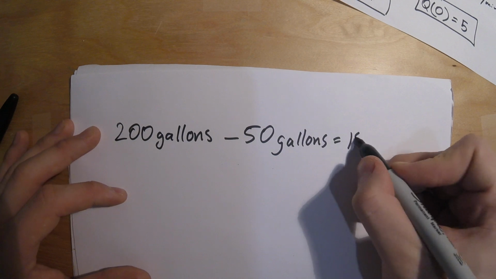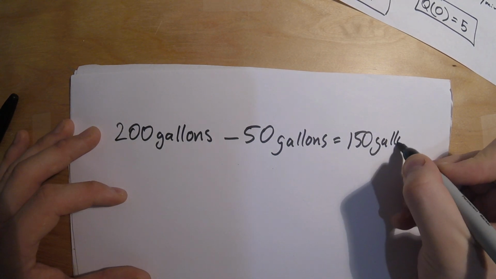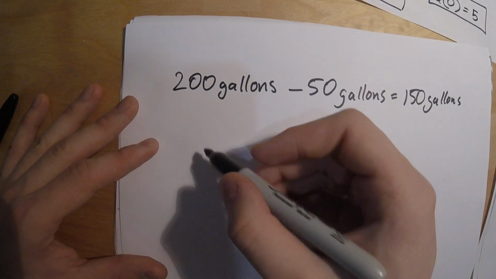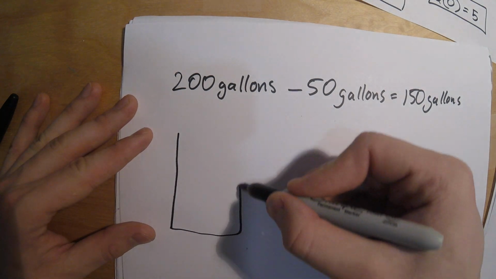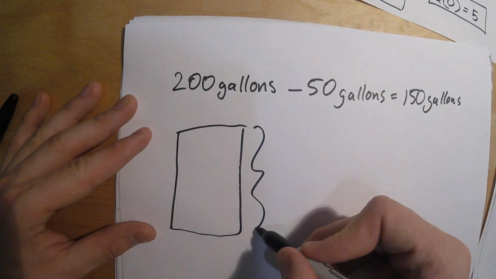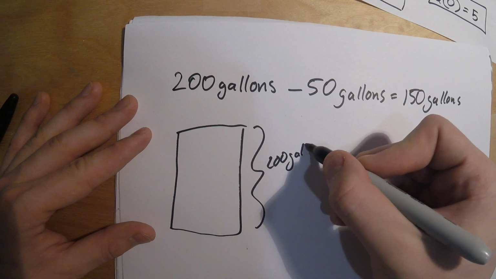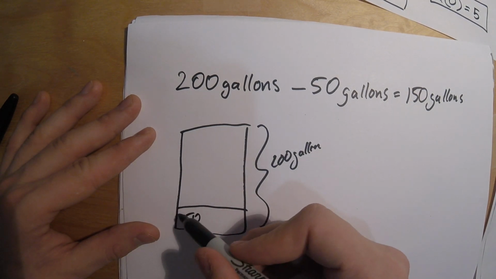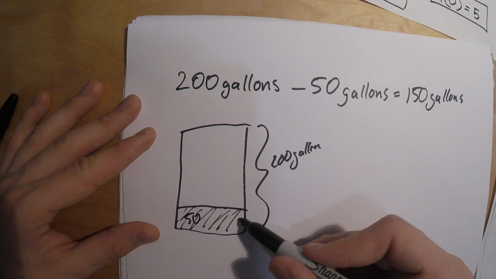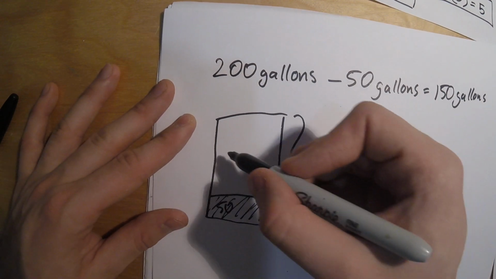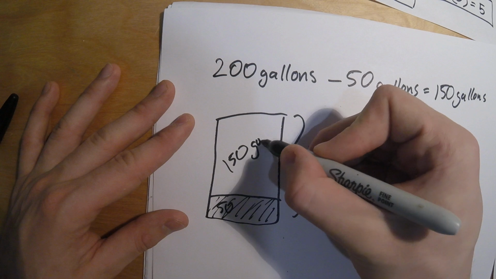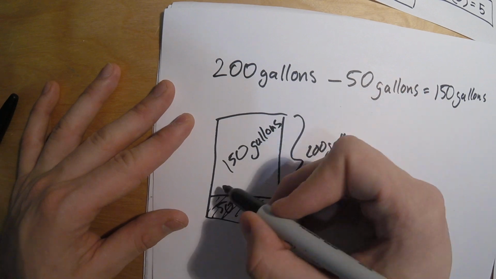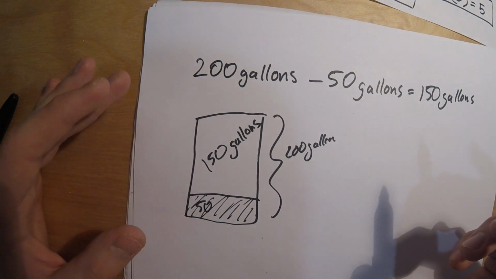And this equals 150 gallons that are unoccupied, right? So if there's a tank, it has a capacity of 200 gallons, only 50 is actually filled, right? So the remaining part is 150 gallons that are unfilled.